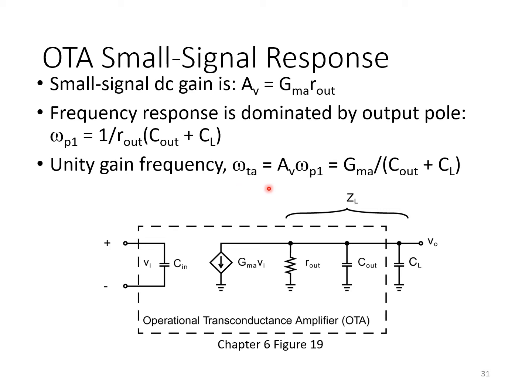In any case, the unity gain frequency of this first order amplifier is the product of the DC gain AV, defined up here, and the pole frequency. Since Rout appears in the DC gain and also in the denominator of the pole frequency, it cancels, and you end up with a relatively simple expression for the unity gain frequency. It's the transconductance of the OTA divided by the capacitive load it's driving.